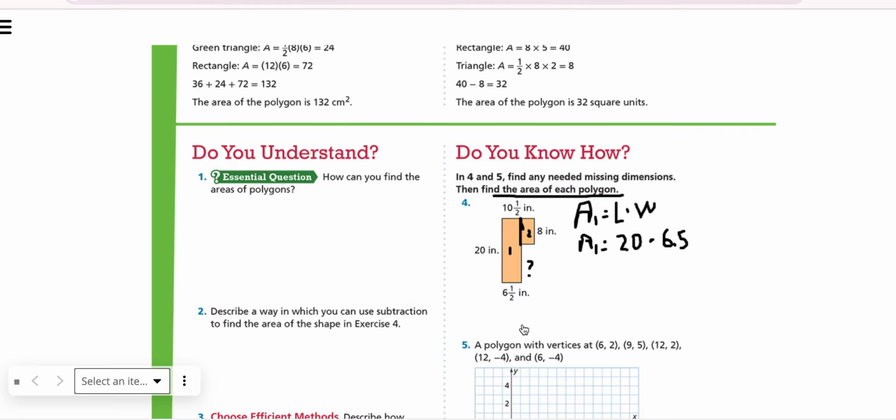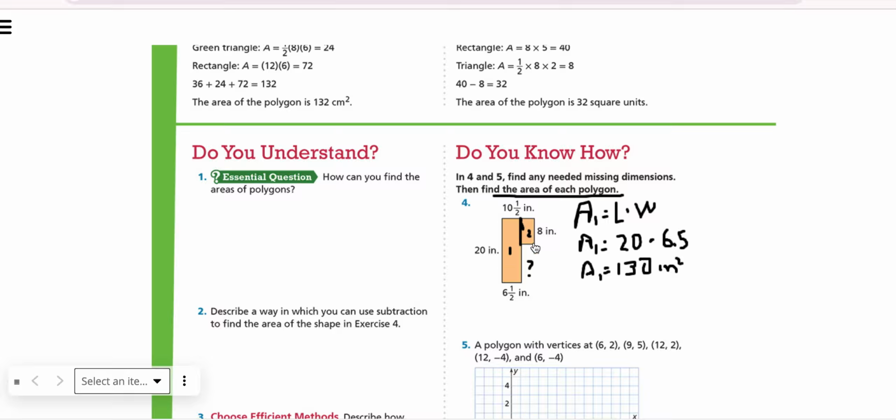Okay, that's going to give you the area of the big rectangle, or rectangle number 1. So let's multiply that. So 6.5 times 20. So that area is 130. So area of 1 equals 130 inches square. So I'm gonna put inches square.